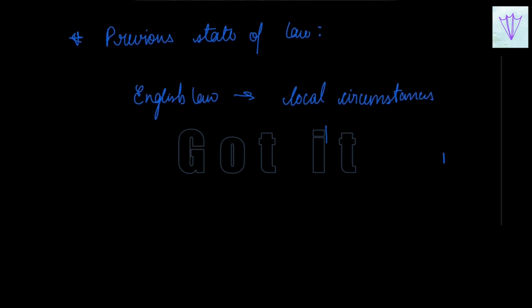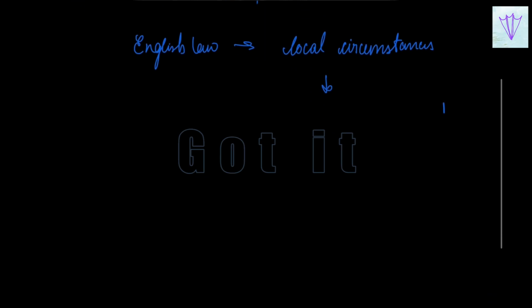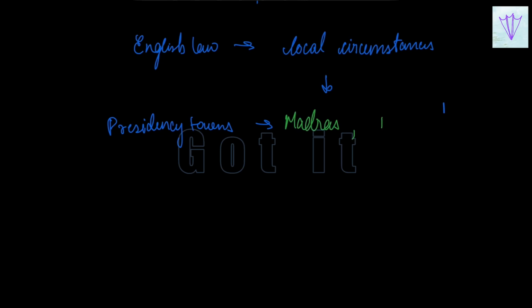and it was in the presidency places and the presidency towns were Madras, which is Chennai, Bombay, which is Mumbai, and Calcutta, which is Kolkata.